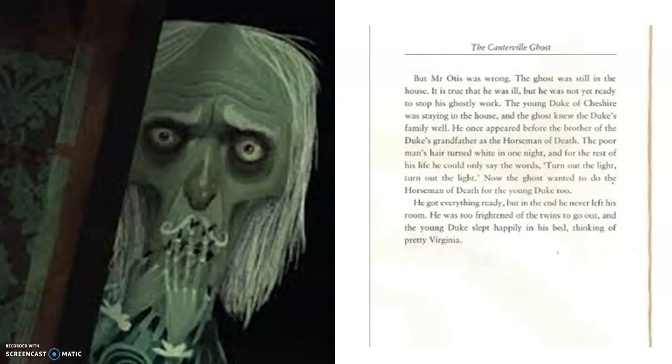Now the ghost wanted to do the horseman of death for the young Duke too. He got everything ready, but in the end he never left his room. He was too frightened of the twins to go out, and the young Duke slept happily in his bed, thinking of pretty Virginia.